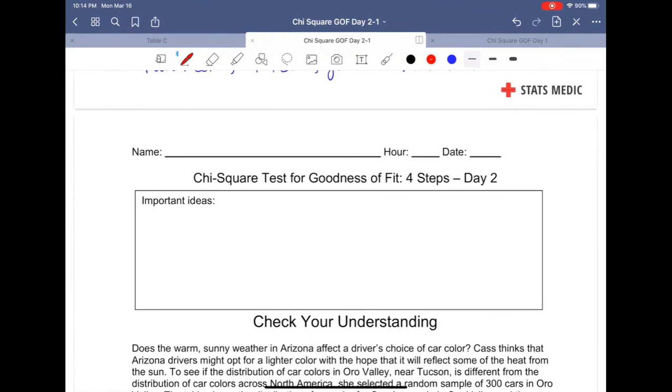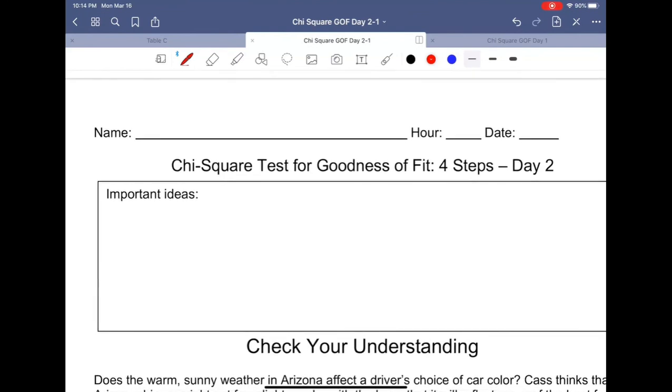So remember we said we had 3 learning targets, and the first of my learning targets was to check conditions. So first condition, we are checking the random condition. Next, we are checking the 10% condition since we had done random sampling.